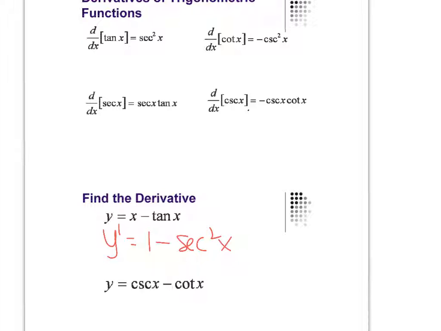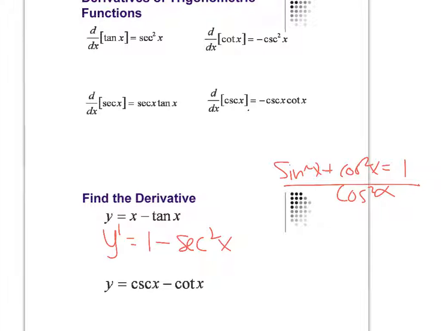Now, that is an identity, which I would want you to use. Most of them you will not have to, but I know that sine squared x plus cosine squared x is 1. Which also means that if I divide both sides by cosine squared, then I'll end up with a secant squared somewhere in there.